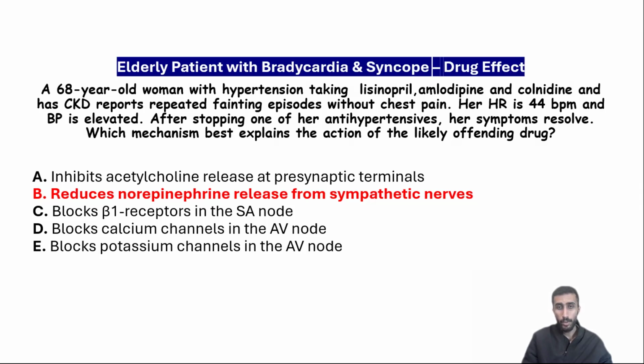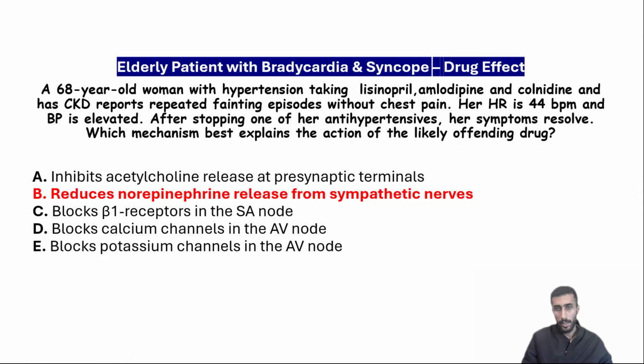When you increase the QT interval, you put this patient at risk of torsades de pointes, which is a fatal arrhythmia that is also a cause of syncope, but this patient is not taking any class 3 antiarrhythmic drugs. So a lot of drugs can cause syncope.